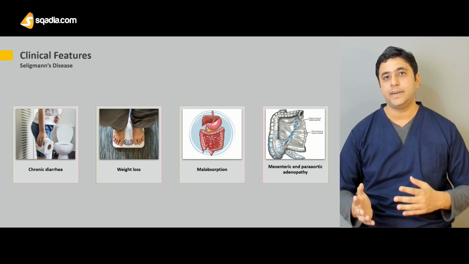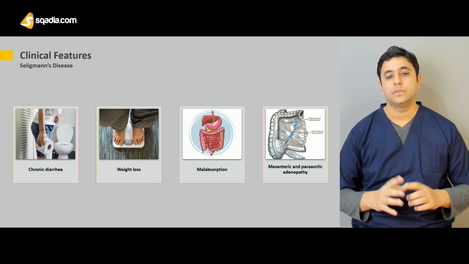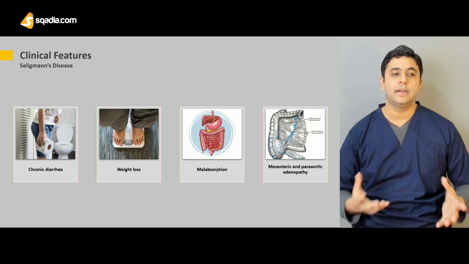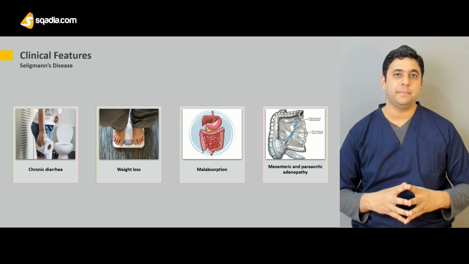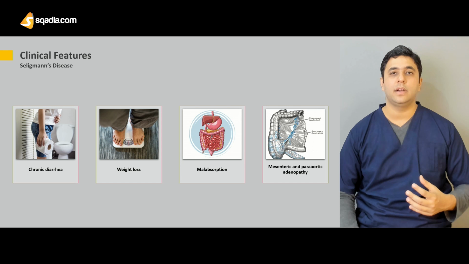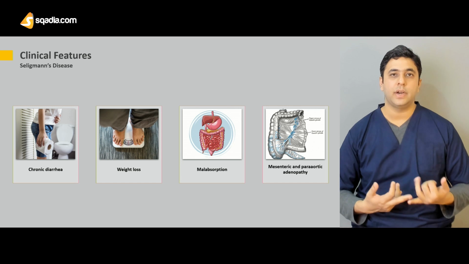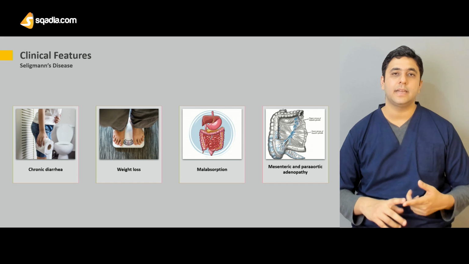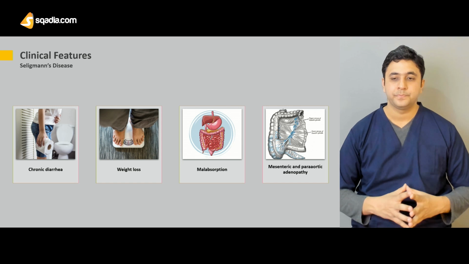So this is also related to the digestive part. So basically, if you want to remember, alpha HCD, also termed Seligmann's disease, is generally a disorder related to the GI tract with chronic diarrhea, malabsorption leading to weight loss, along with the mesenteric and the para-aortic adenopathy.